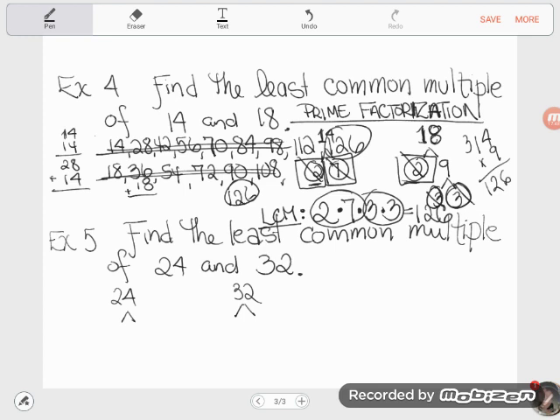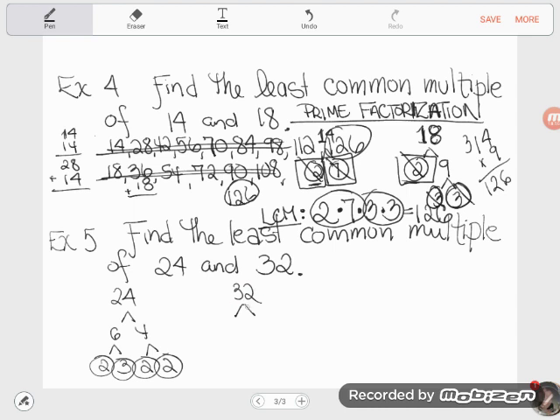Prime factorization is unique, so it doesn't matter which way you go, we'll always get to the same answer. So let's see, I know that 24 is the same as 6 times 4, but 6 is 2 times 3, and 4 is 2 times 2. And now these are all prime factors, and so I've reached the end of my branches and I'm done doing the factor tree on 24.